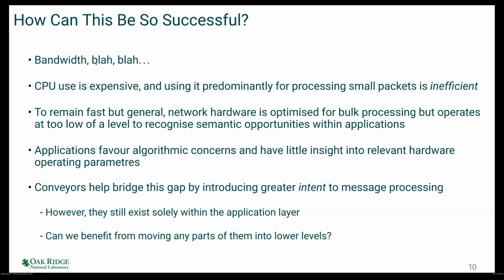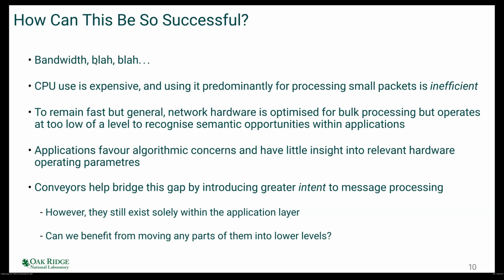Yeah, we know that. But also, and this was particularly highlighted by the last slide, modern general purpose CPUs are quite power hungry themselves. Using them for memory intensive tasks and just packing and unpacking and processing small packets of data is very inefficient use of that resource.